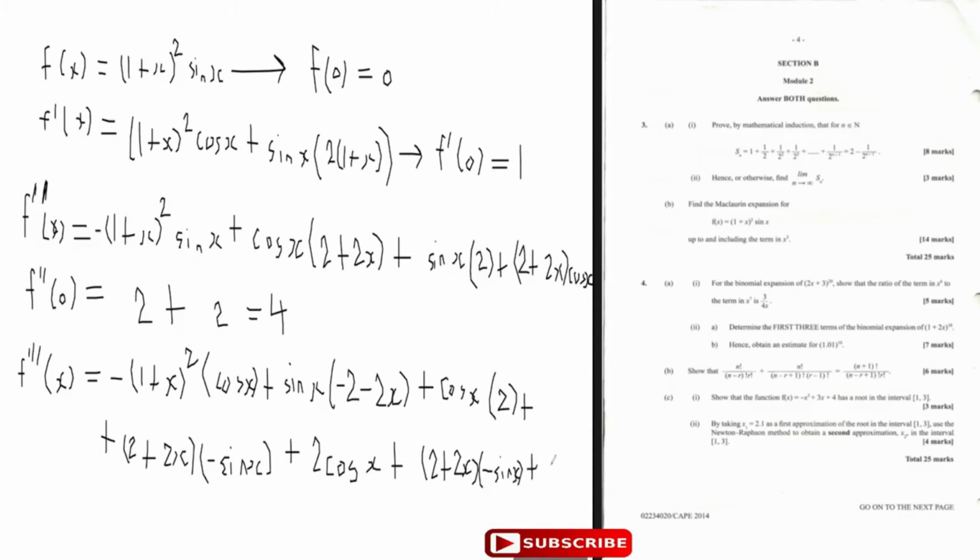Derivative of the first is 2, and we'll keep the second, cos x. So what does that mean? That means that f triple prime of 0 is equal to, plugging in x as 0, this looks like 0 here, that's minus 1.